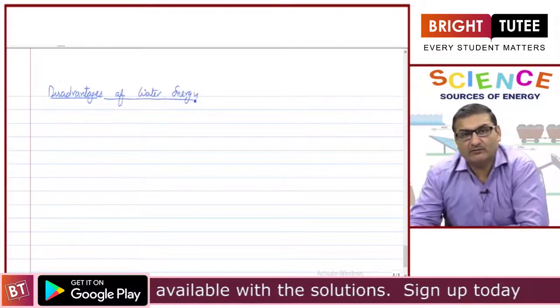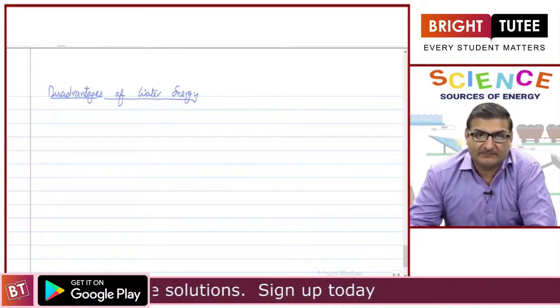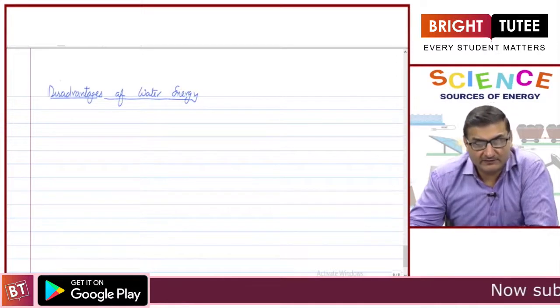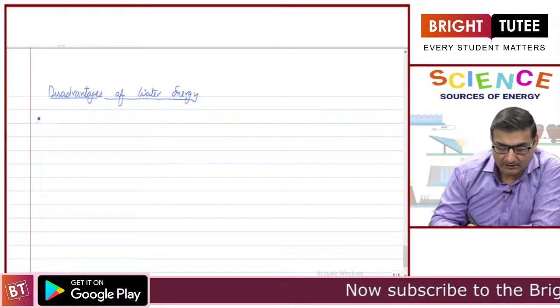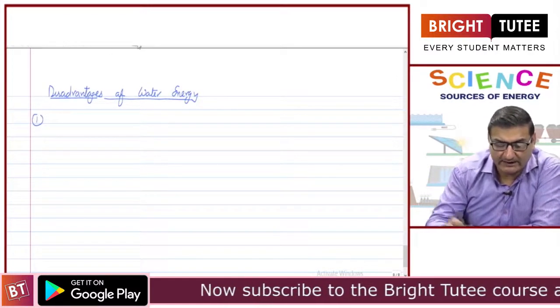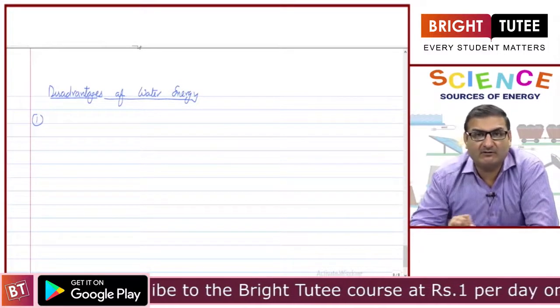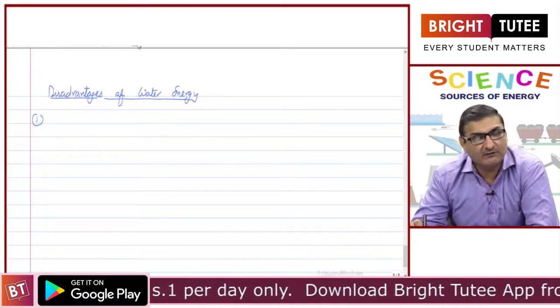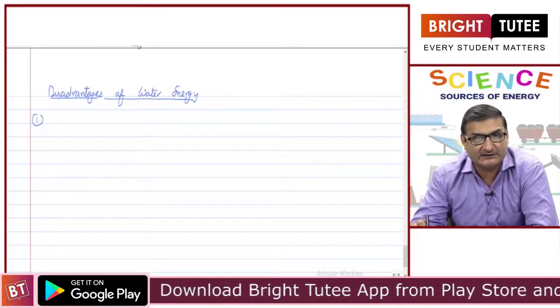When we talk about any renewable source of energy, further in the chapter also we will be talking about many other sources. The first important drawback or the disadvantage you can keep in mind and relate with all the type of natural renewable sources of energy, whether it will be solar energy, water energy, wind energy, tidal energy or anything.